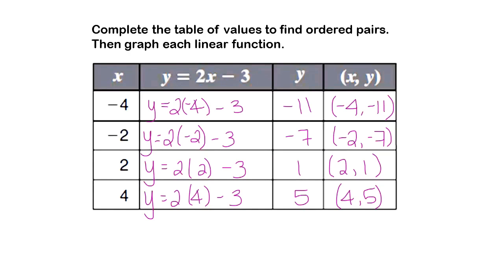That's why the y value between negative 7 and 1 is not increasing by 4. But if we have a 0 in the middle, our y value will be negative 3. So then we can see a consistent change. As the x values increase by 2, the y values increase by 4. So now let's go on and try to graph this linear function.